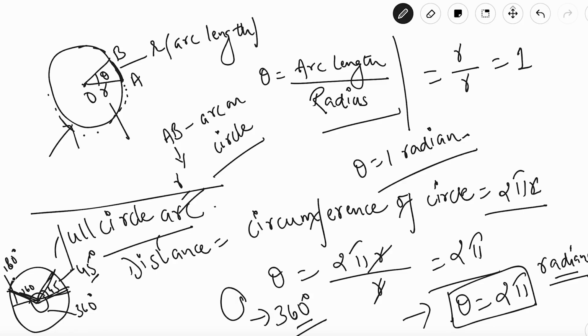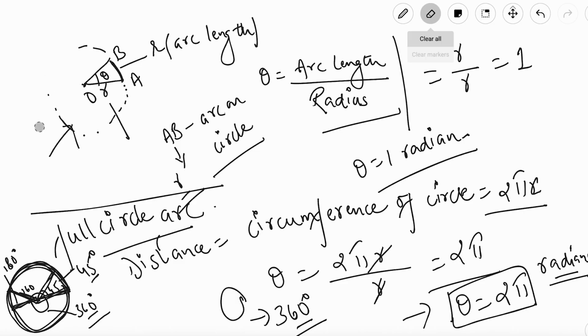Similarly, a 160-degree angle becomes another slice of the circle. When I say 180 degrees, this half circle is 180 degrees. When I say 360 degrees, I start from here, and this complete circle becomes 360 degrees.